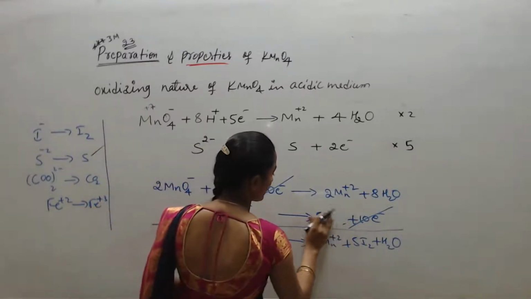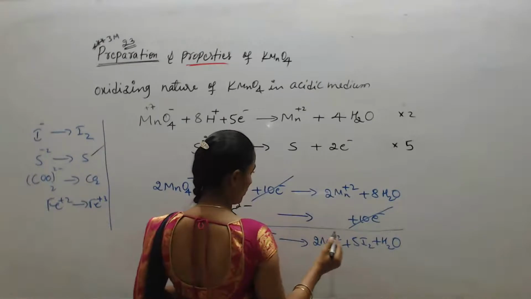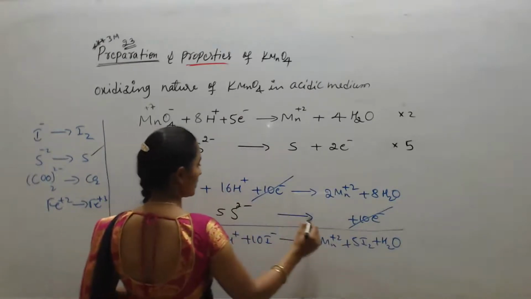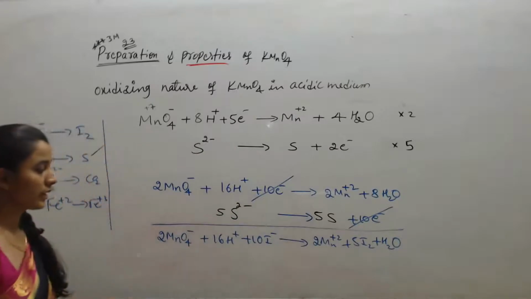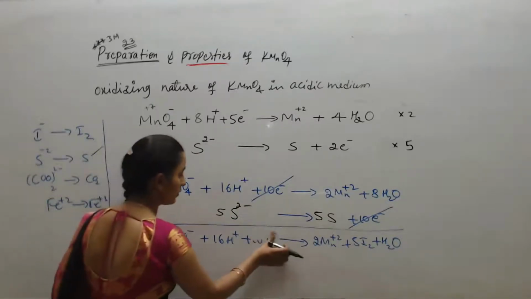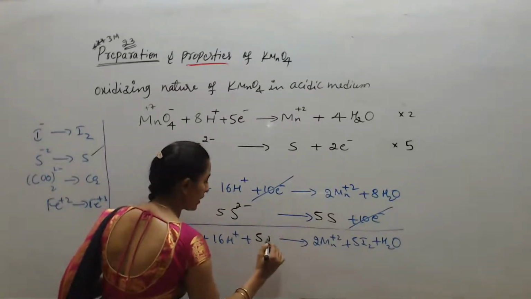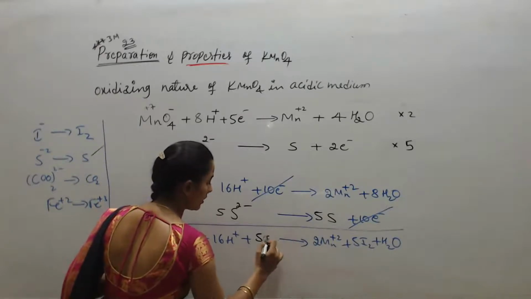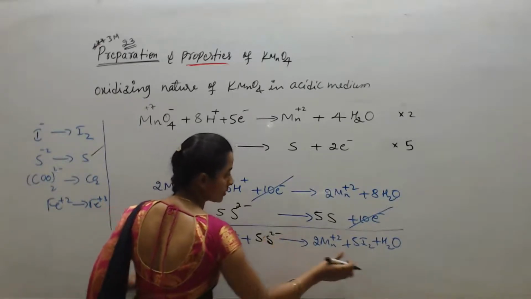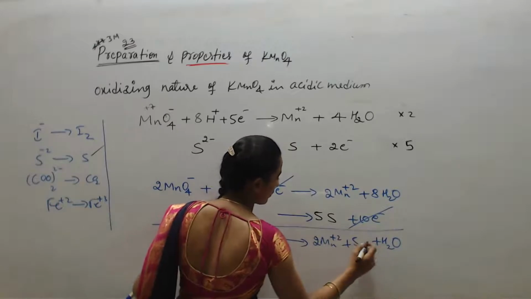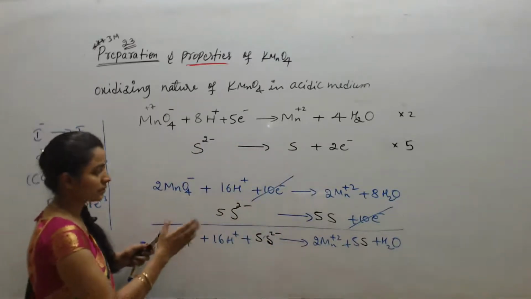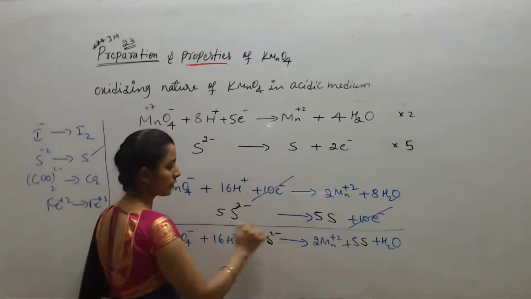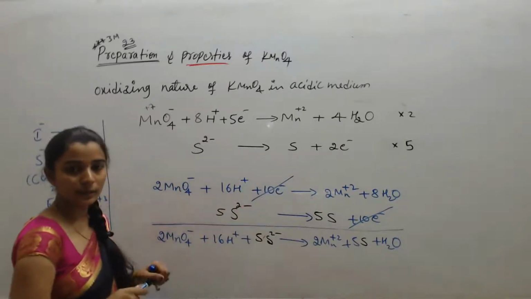Here we will get 5 times sulfur plus 10 electrons. Then here also we will get 5 S2-. Only this thing will change, students. Only the number of electrons exchanged changes here.